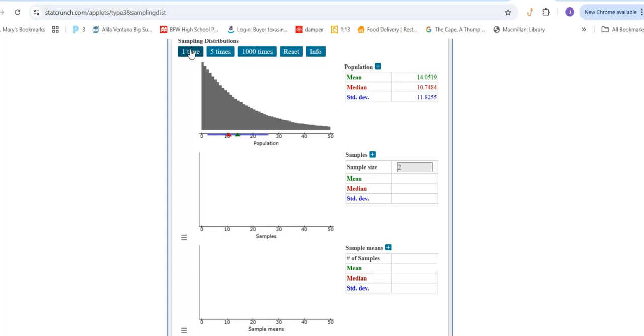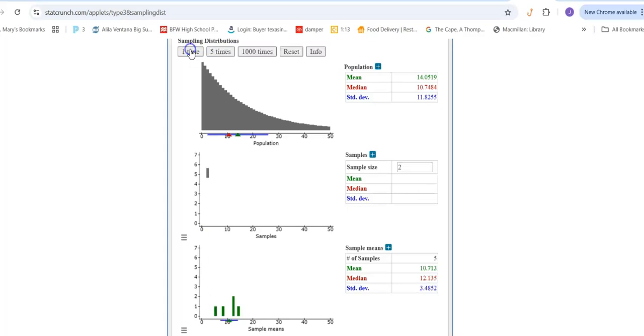So when you do a sampling distribution, if you do it one at a time, we're going to take a sample of 2 from the population, and then we're going to average those and plot that on the sampling distribution graph right there. If I do it again, take any 2 random samples from the population, plot the average there. Again, we're taking 2 samples, finding the average of those 2 and plotting it on the bottom there.